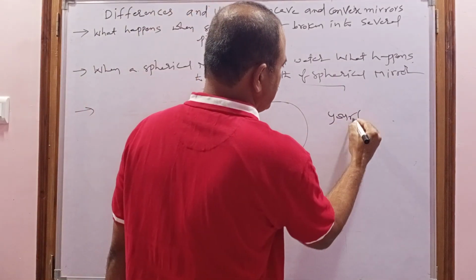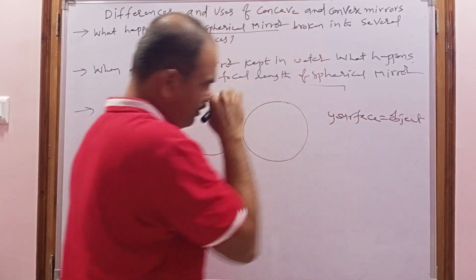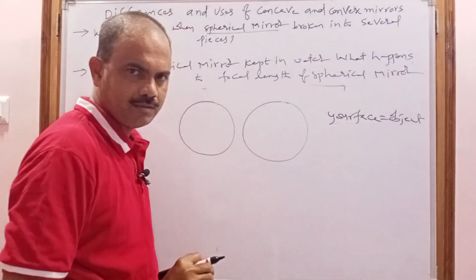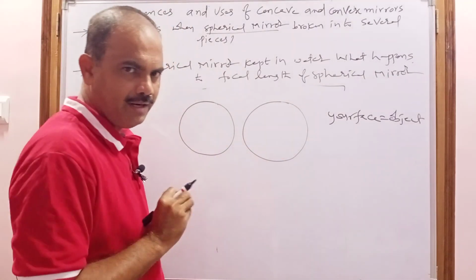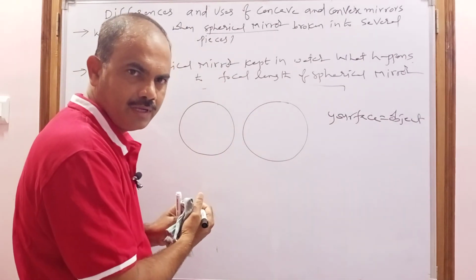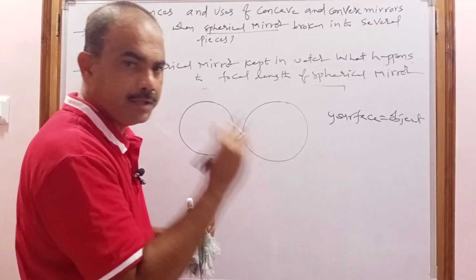When you are looking at your face in the two mirrors, in one mirror your face image will be magnified, in the other mirror the image of your face will be diminished.